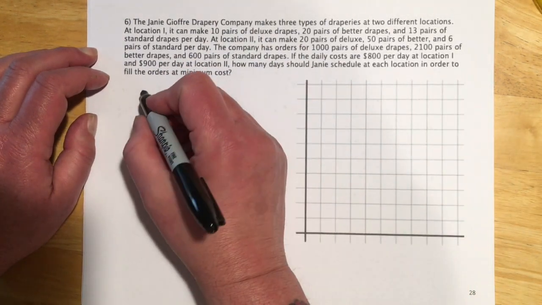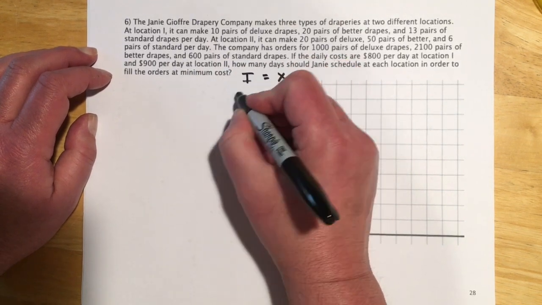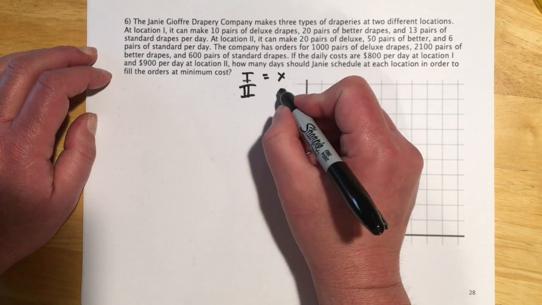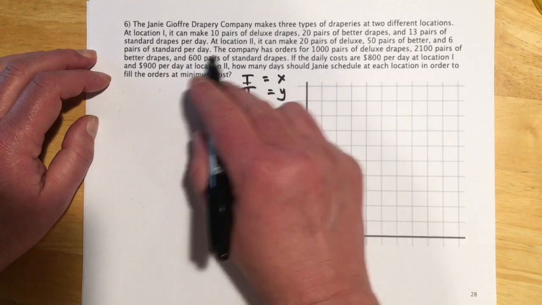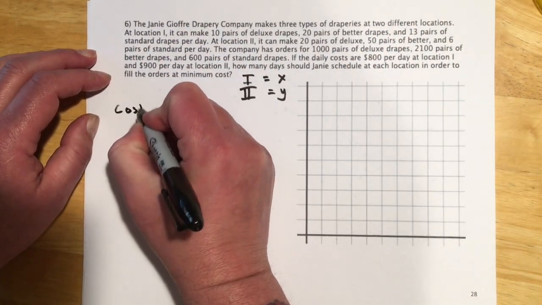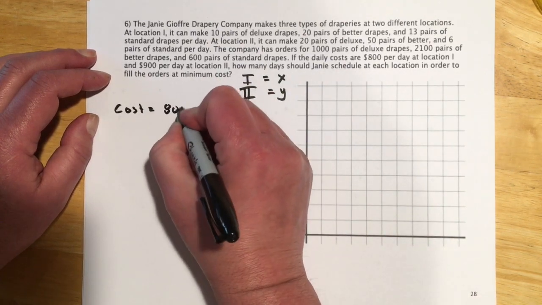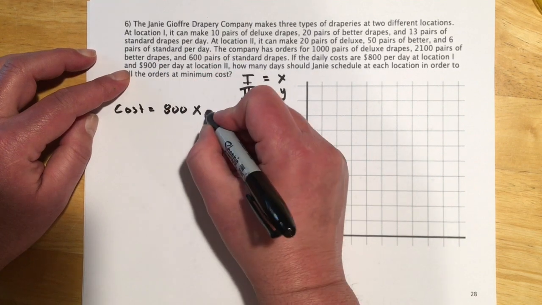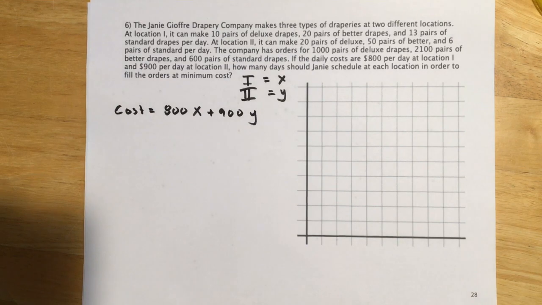So I'm gonna let location 1 equal X, and location 2 equal Y. So then my cost function, just because that was one I could actually pick out of this mess, cost is going to equal 800 times the number of days they operate at X plus 900 times the number of days they operate at Y.